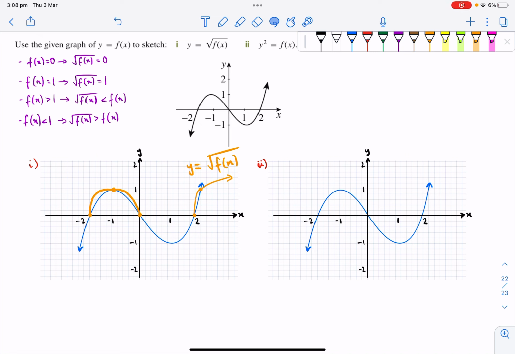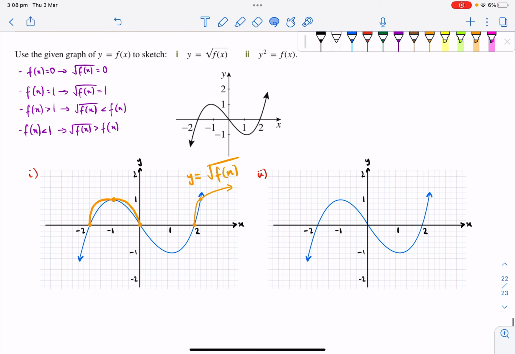All right, now the next interesting graph, y squared equals f(x). Well, if you think about it, y squared equals f(x) is basically y equals plus or minus square root f(x). It's basically the square root f(x) graph, but because of the minus, it means that we mirror it on the same axes. So watch what I'm going to do to sketch this.